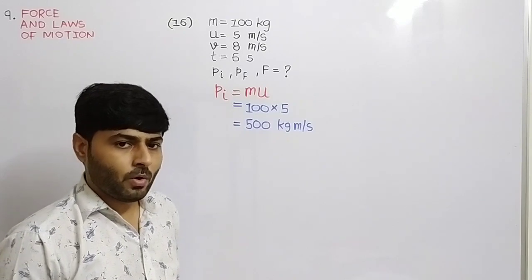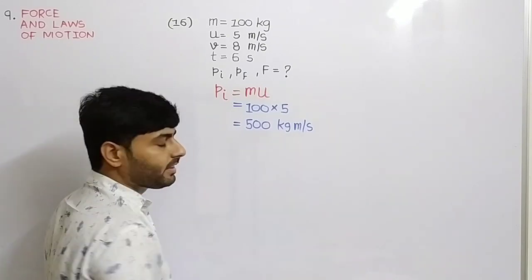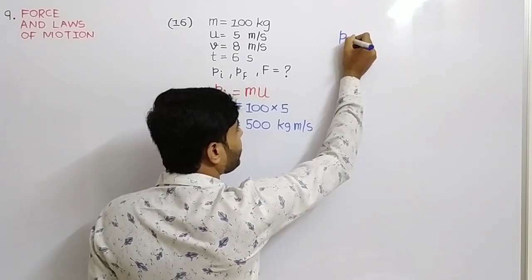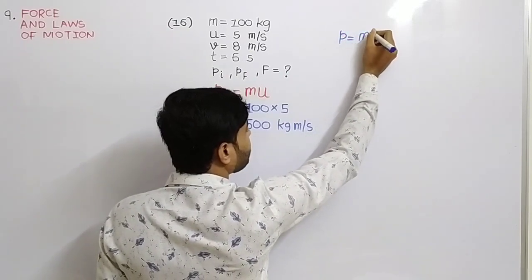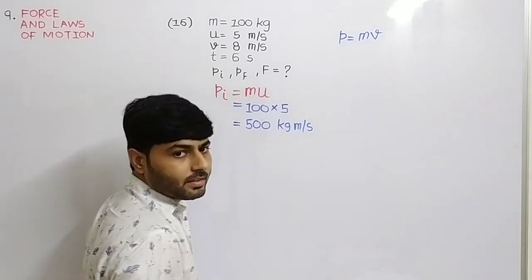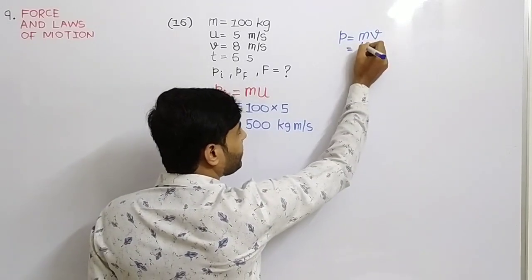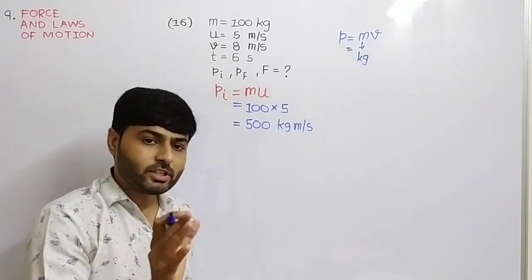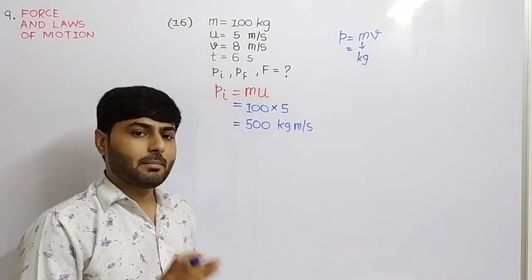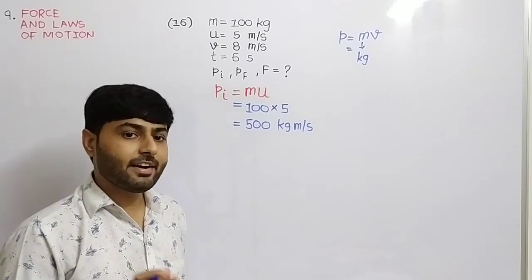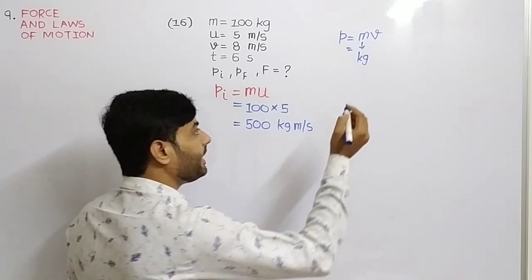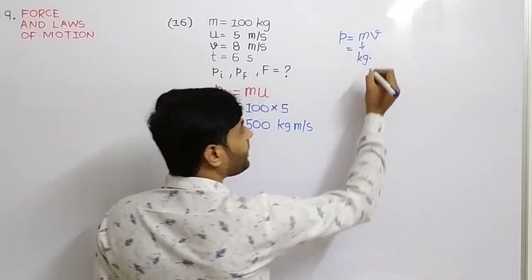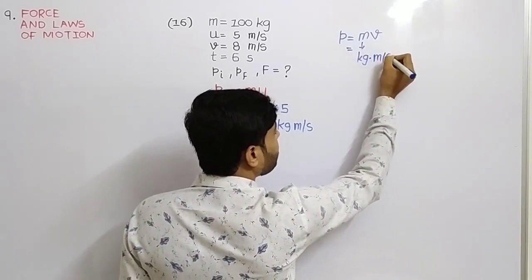Remember, you do not need to mug up this unit. We know that momentum is equal to mass into velocity. We know the unit of mass is kg, in SI unit, Standard International Unit. And the unit of velocity is meter per second.